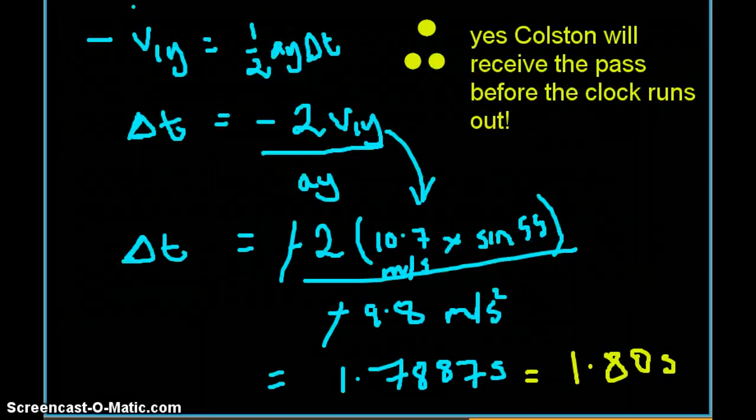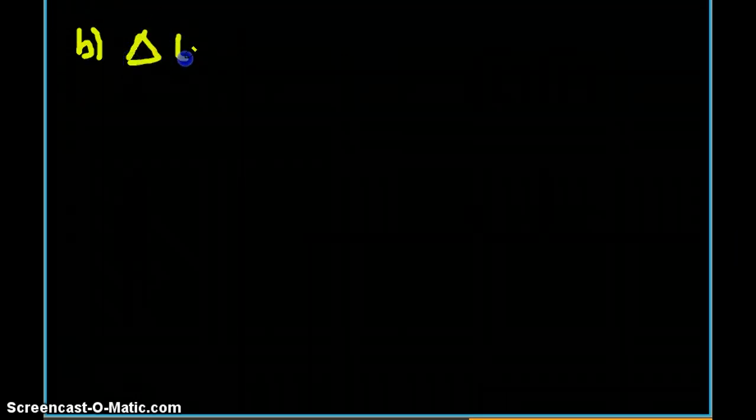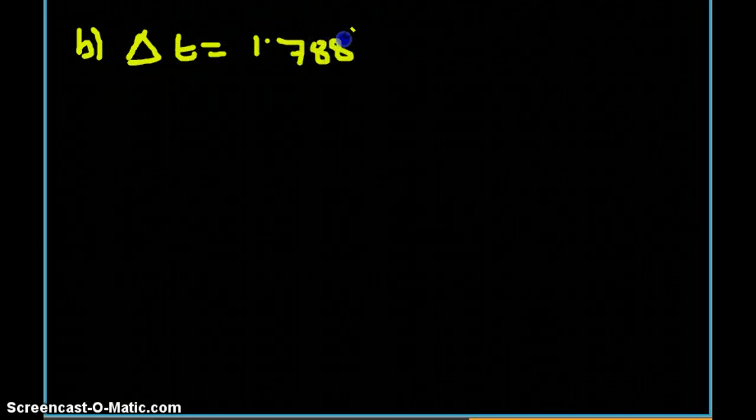So how I would solve part B would be like such. Again, we have a bunch of given information. A new piece of given information for part B is delta t, because we figured that out in part A. So we know that delta t is 1.7887 seconds.